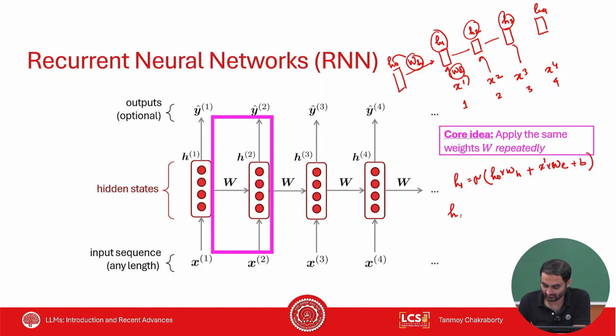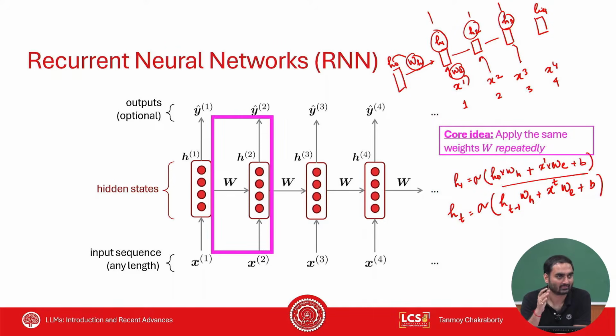So essentially Ht is determined by Ht minus 1 WH plus Xt WE plus a bias B. If you look at it very carefully, this is a recurrent function. And these 2 weight matrices WH and WE are the same across all the layers. So here there are 4 layers, and they are the same across all the layers.